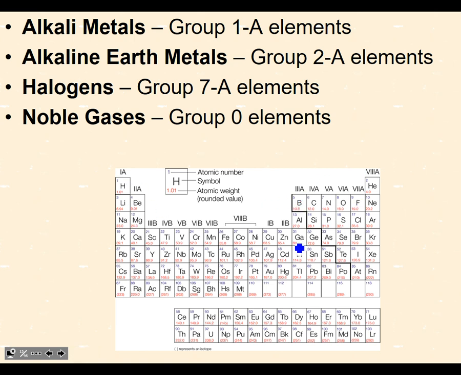Group 3A is the boron family, 4A is the carbon family, 5A is the nitrogen family, 6A is the oxygen family, named after the first element in those. But the other ones, the 4 that aren't named after their first element, are these. I will say, actually, hydrogen is in this group, but it's not an alkali metal, so just FYI.